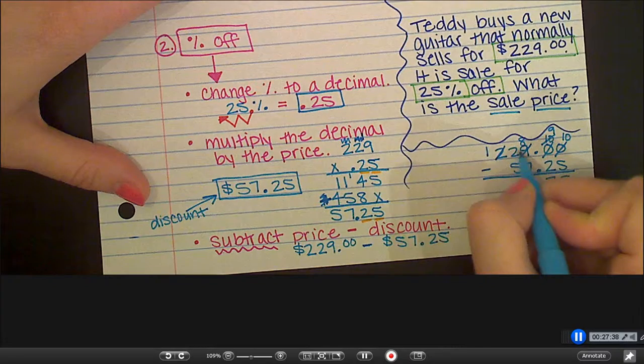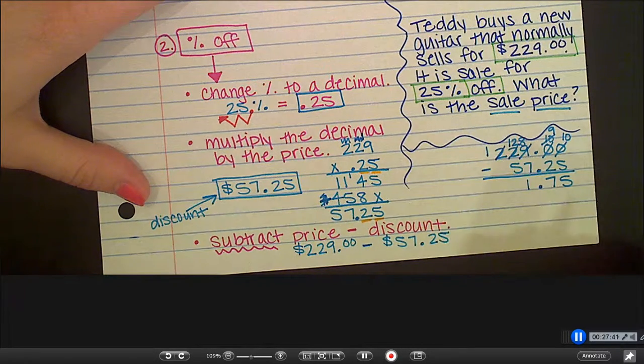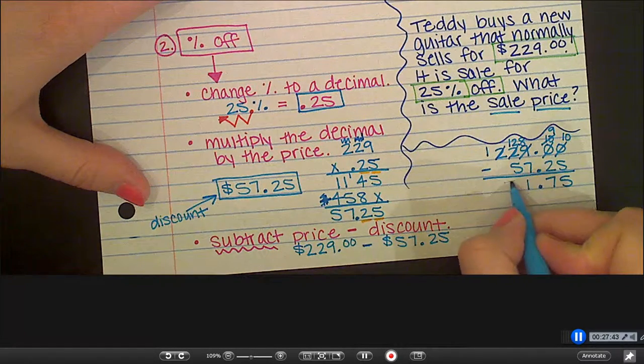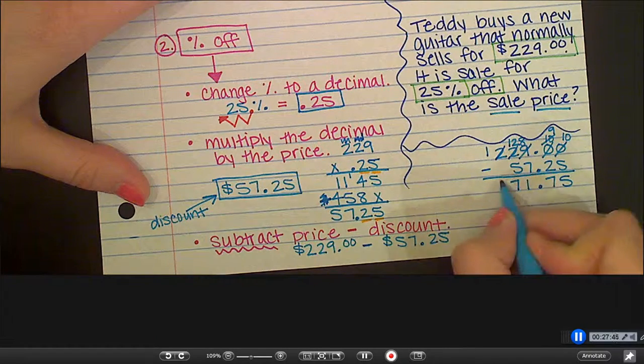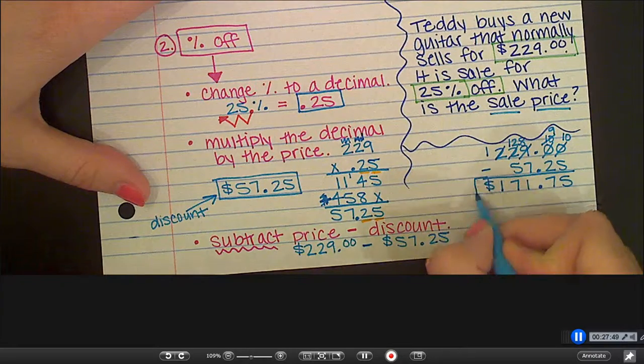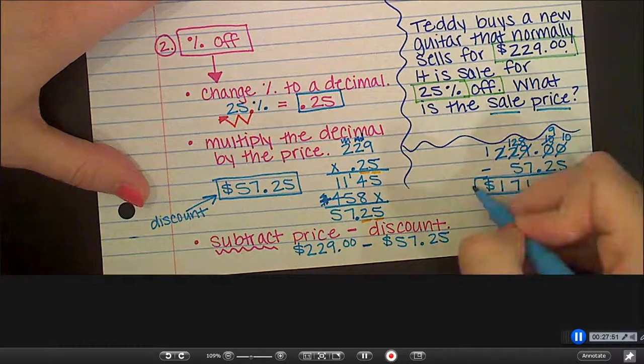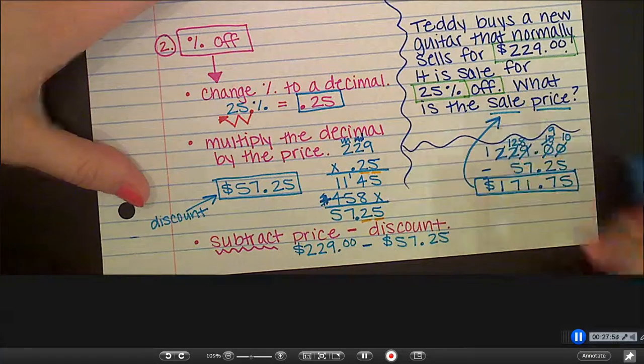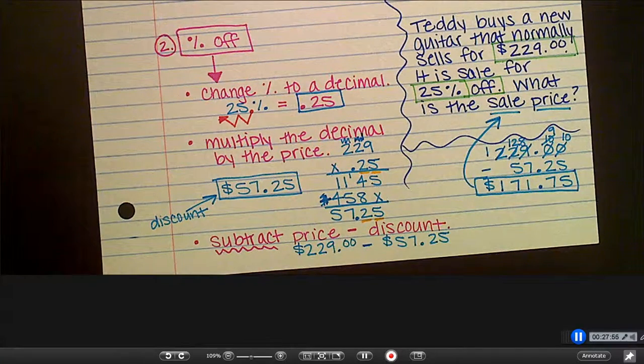So this is a 1, and 2 becomes 12. 12 minus 5 is 7, and we can just bring down the 1. So this is our sales price, $171.75.